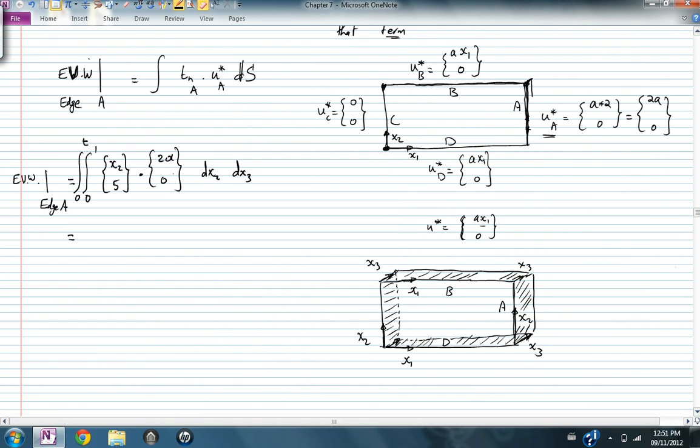The dot product between those two vectors is equal to 2a x2, integrated over x2 from 0 to 1 and over x3 from 0 to t. When you integrate x2, this will be 2a x2 squared over 2. x2 will be 1, and then integrating over x3 will be equal to x3, and so substitute, you get t, so this is equal to at. So this is the external virtual work on edge A.